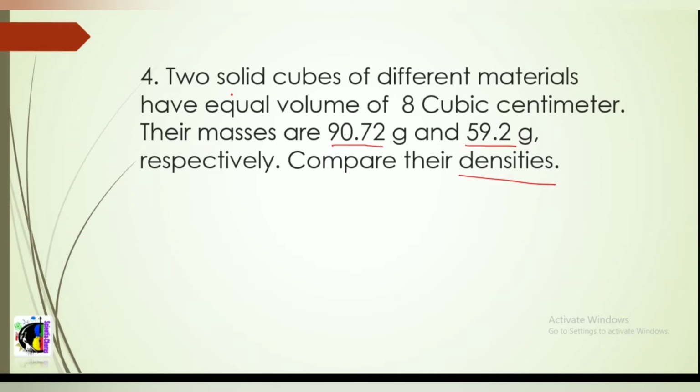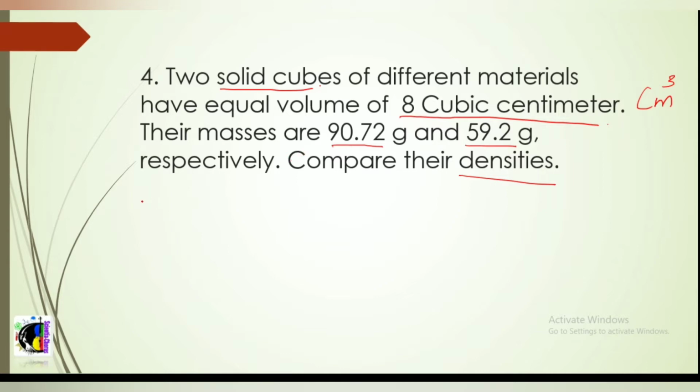They have given two solid cubes, and these two solid cubes have the same volume, 8 cubic centimeter. So I can write it like this, cubic centimeter. Now they have given masses. They have the same volume but different masses.